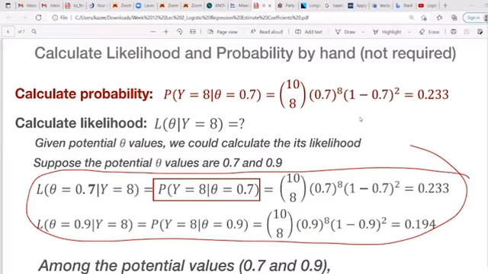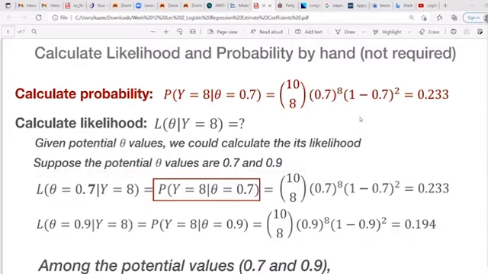Would it be theta is 0.9? When theta is 0.9, that gives us 0.194. When theta is 0.7, that gives us 0.233. So which one is bigger? Somebody said the one that is going to be bigger is 0.7, and that person is correct.